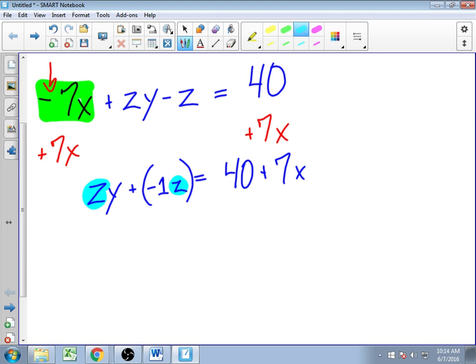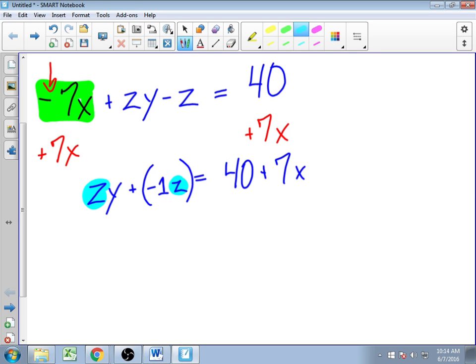All I want to do right now is manipulate the left side to make it easier. Is there a way to get the 1z pulled out from both of those? How do I pull out a common factor? What's that process called? We can factor this out. We can factor the z out of this expression on the left-hand side.